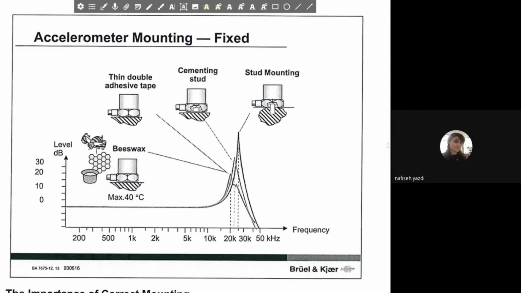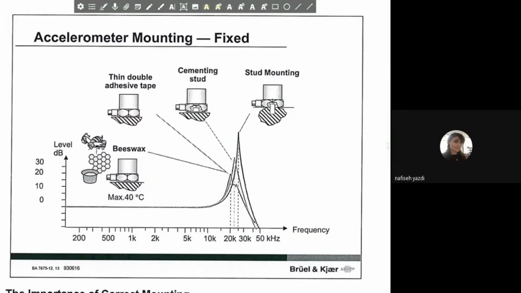Okay. However, what is the effect of these different mountings? Excuse me, Professor. Say again. You said that the cementing stud has a problem, and because of that problem we go to beeswax, but I didn't understand what the problem was.